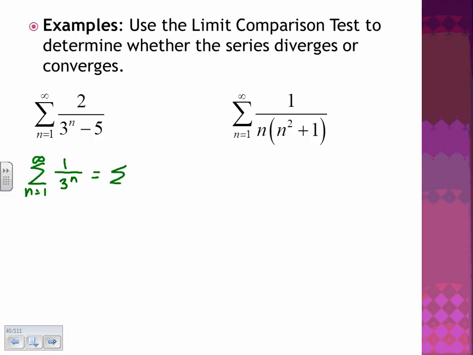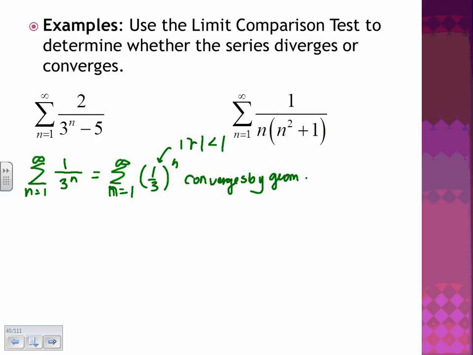Because that's the same as 1/3 to the n. So this would be geometric, and does this converge or diverge? Converge, right? Because the absolute value of r is less than 1. So this converges by geometric.